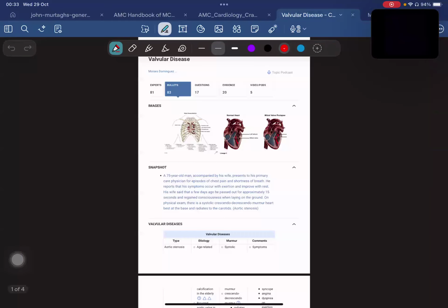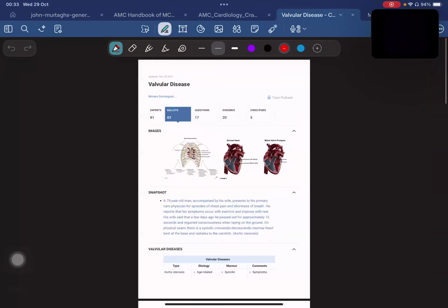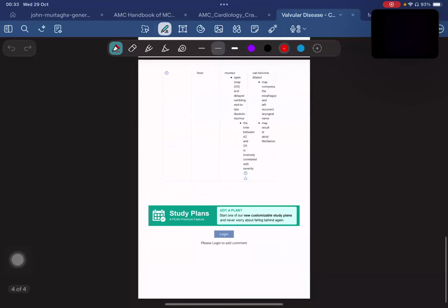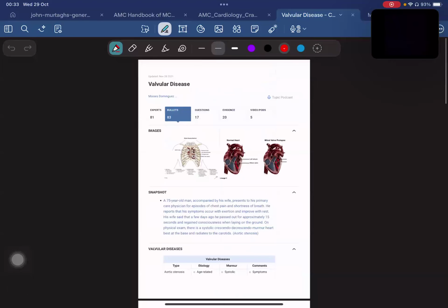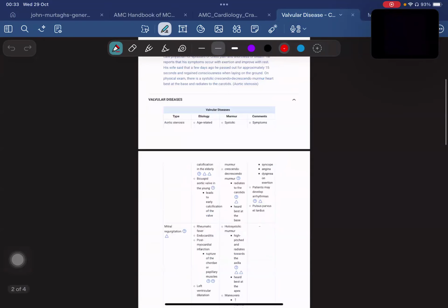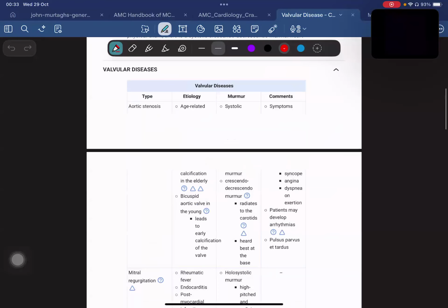This is a note that I have downloaded from the internet straight away. So this is my little note for valvular disease. I didn't have to make one because it was pretty summarized. I don't think even if I sit down with a pen, I would be able to do it as much as they've done. See, they have aortic stenosis, the etiology, the murmur type, and the comments.